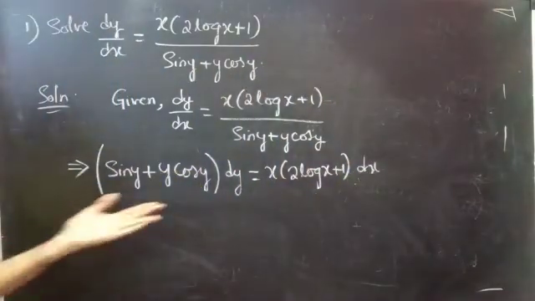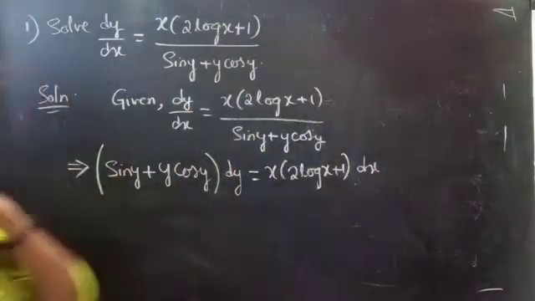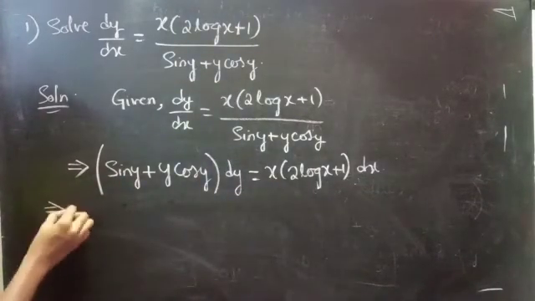Okay. So this is of the form f of y dy equals f of x dx. Okay. So now what we are going to do? We'll just integrate on both sides.